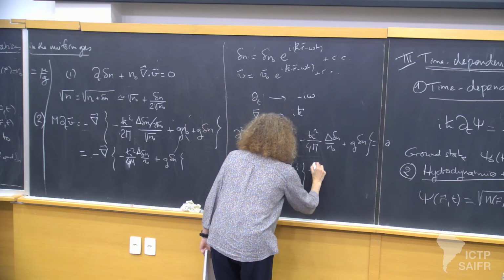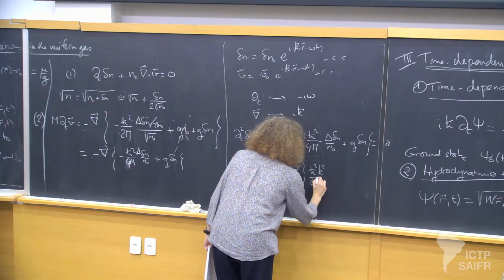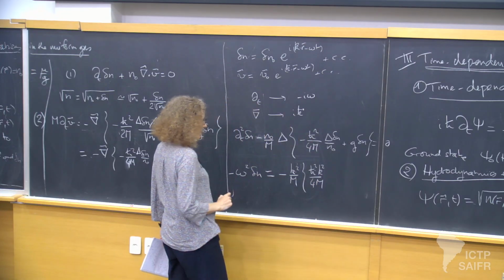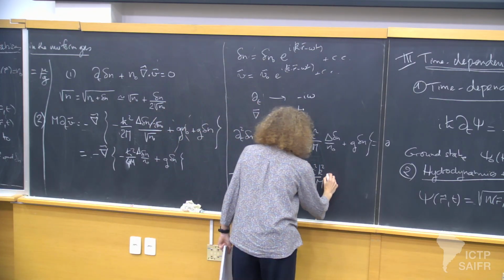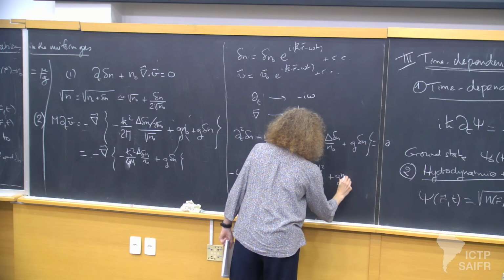So this one is h bar squared k squared over 4m. The n0 cancels. And here I have plus g n0 delta n.